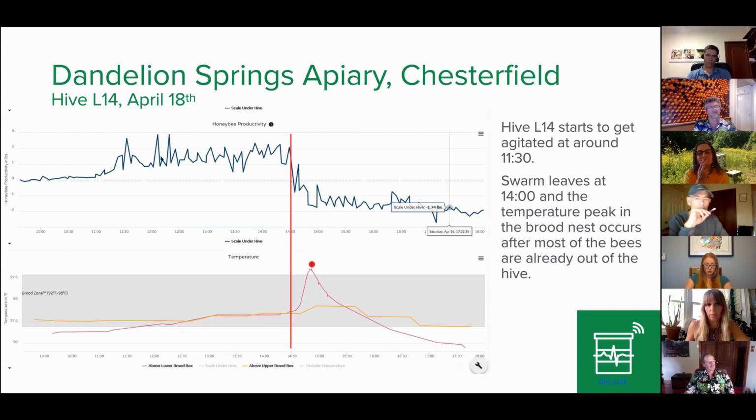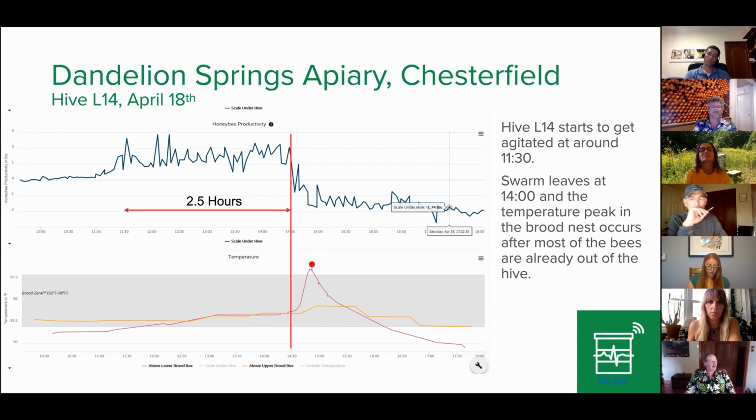The weight starts to rumble. It goes up and down, and then they leave at about 2 o'clock. And the temperature peak is clearly after they've left the hive. So this theory about them potentially warming up the flight muscles is becoming thinner and thinner. I don't think this is really the case.